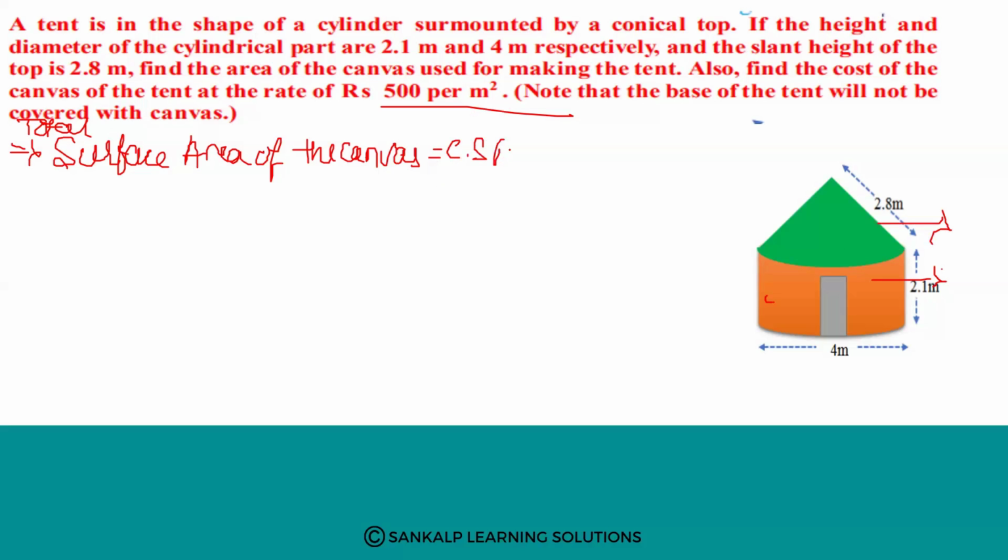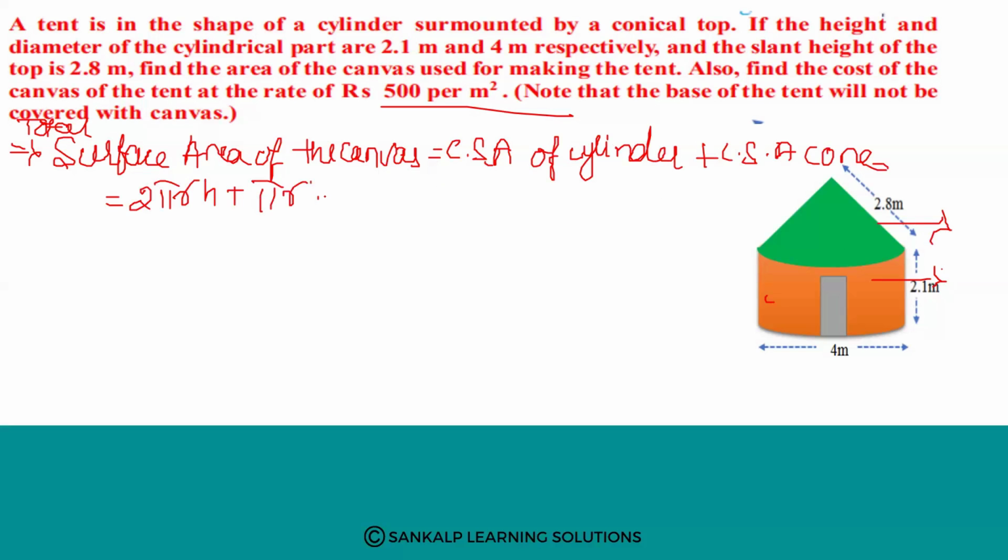Curved surface area of the cylinder plus curved surface area of the cone. Right. So the curved surface area of the cylinder is 2 pi RH plus the curved surface area of the cone is pi RL.